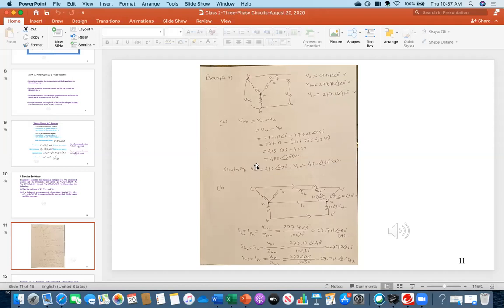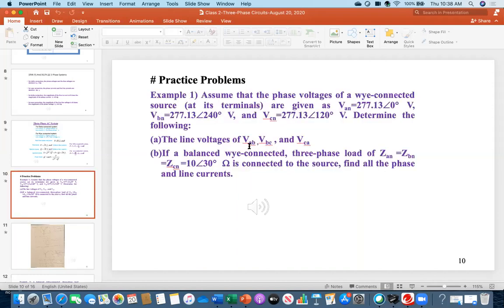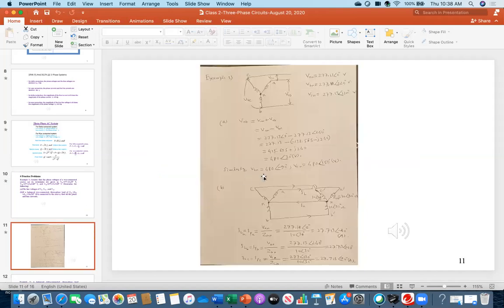So it should be VBC and then CA, because the question is to find VAB, VBC, VCA. But I just wrote similarly VBN and VCN because those were already given. So it should be VBC and VCA. I will change this slide.